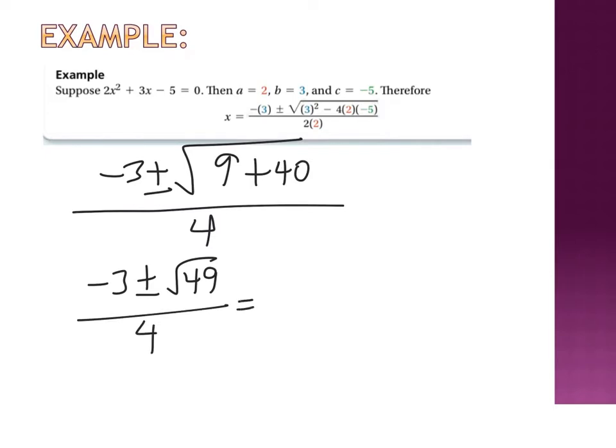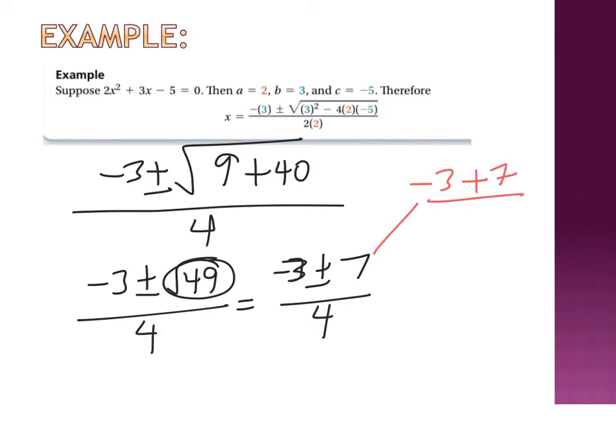Now, here's where we're going to go ahead and break it up. We're going to finish this up, make sure we get a 7 there. So negative 3 plus or minus 7 all over 4. Now we're going to break it into 2, so that means it's going to give us negative 3 plus 7 divided by 4 and negative 3 minus 7 divided by 4.